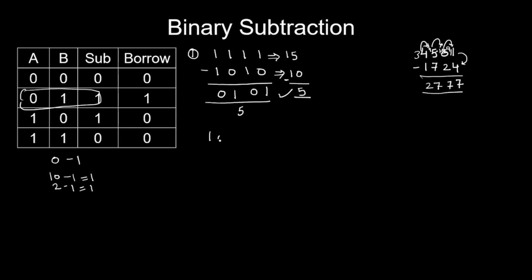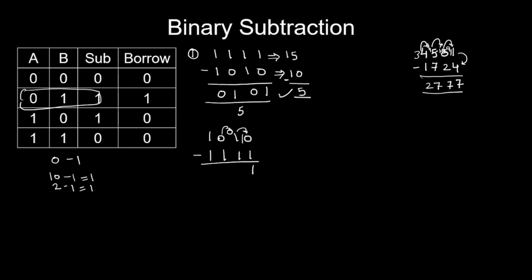If 1010 is written first and 1111, four ones, is written as the second number, what you have to do is borrow 1 from the previous column. This will become 0 and this will become 10, so you will get 1. And 1 cannot be subtracted from 0, so you will again borrow 1 from the previous column.